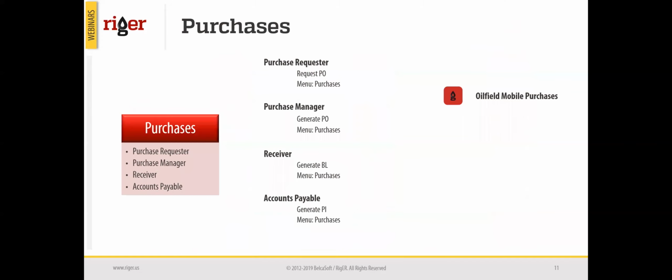So in the next slide, you can see the purchases group of roles. This group includes purchase requester, purchase manager, receiver, and accounts payable roles. The purchase requester and purchase manager were added to manage all the procedures of the purchases workflow in RigER.